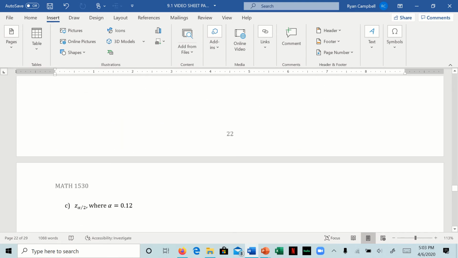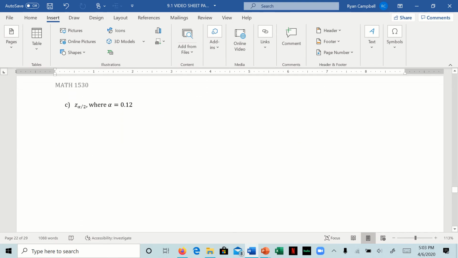All right, 2 more and then we'll get into our stuff. So this time, notice I didn't want the critical value of alpha. I want the critical value of alpha divided by 2. So if alpha is 0.12, we just need to divide it by 2 because that's what I want. If we divide that by 2, we get 0.06.